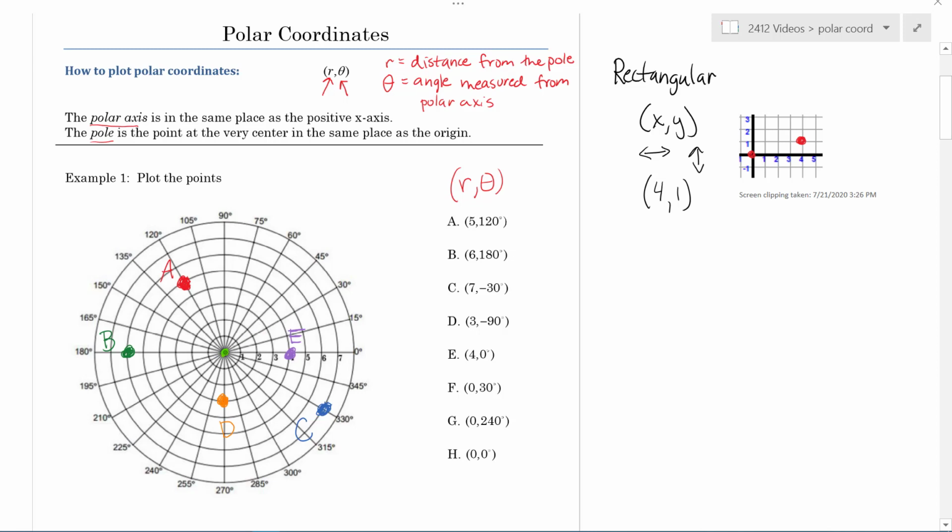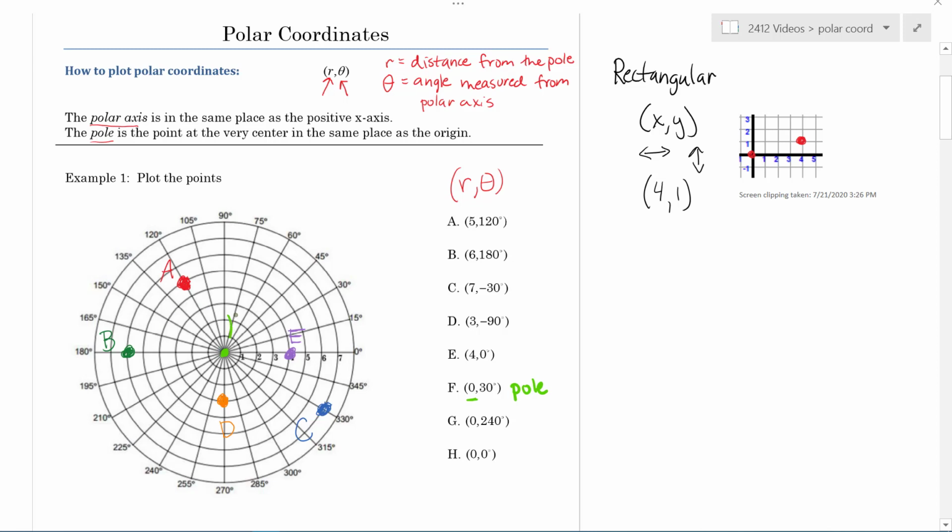So stand at the pole, don't move away from the pole in the direction of 30 degrees. Well, if you're not going to move away from the pole any distance, because your R value is 0, then you're going to stay right there at the pole. The angle measure is irrelevant. So this is actually a point that's plotted at the pole. It doesn't matter if you're supposed to stand in the direction of 30 degrees. If you're at the pole, you're at the pole.